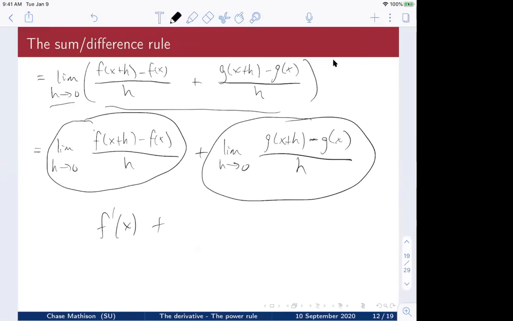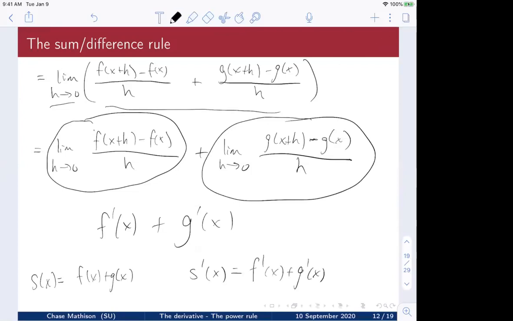G prime of x. Perfect. So what we showed was s of x, remember s of x was f of x plus g of x, and we just showed that s prime of x is f prime of x plus g prime of x. So derivatives of sums are pretty simple to compute. You just take the sum of the derivatives.